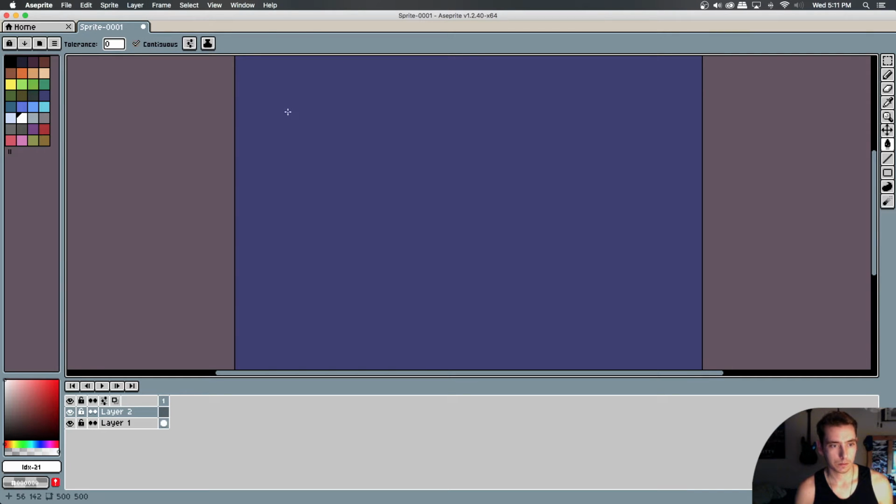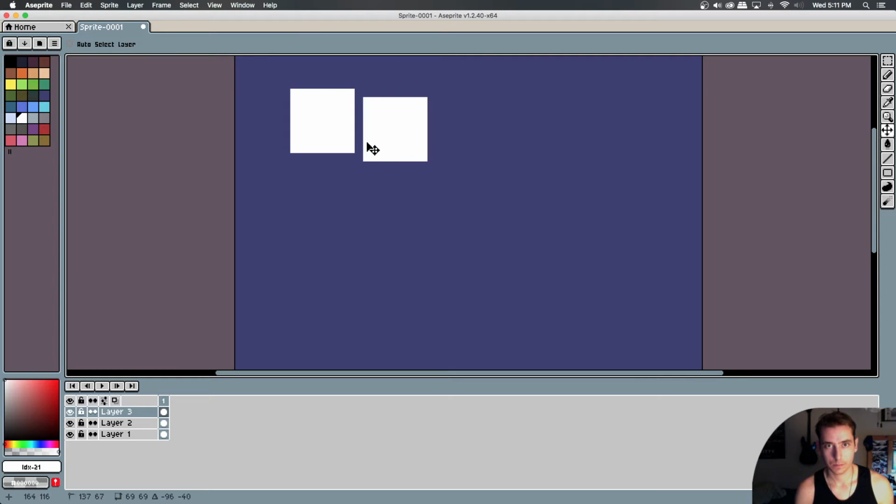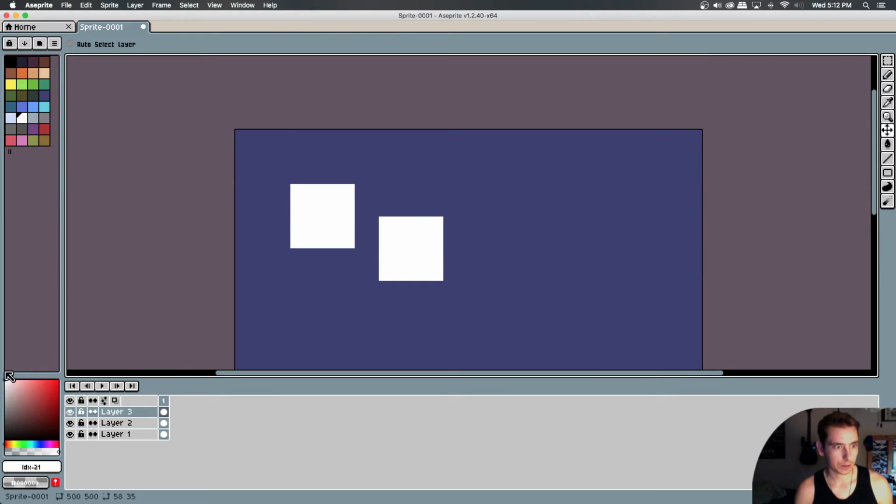Shift N. Okay, so this layer is gonna be a box. And then we're gonna copy that. We're gonna Shift N, a new layer, and then paste another box. Let's make these a little different colors so we can see the difference.